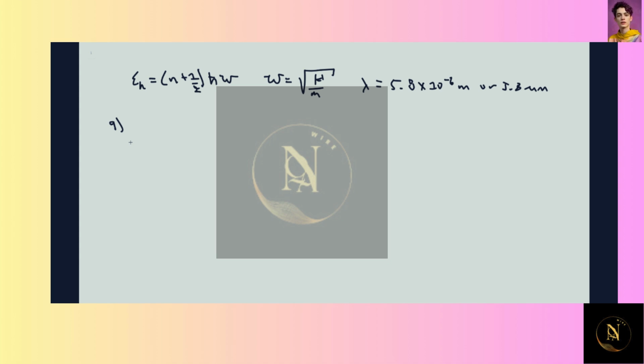So the transition energy from a ground state to any state is going to be equal to the energy of the photon that initiates it.